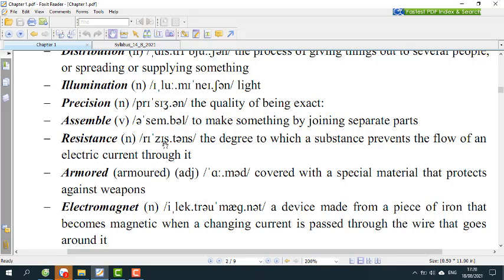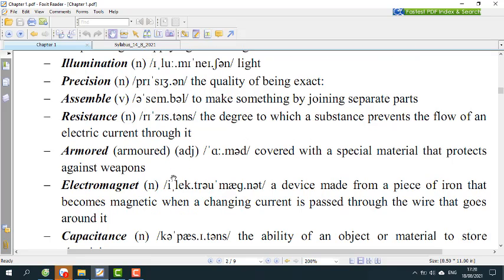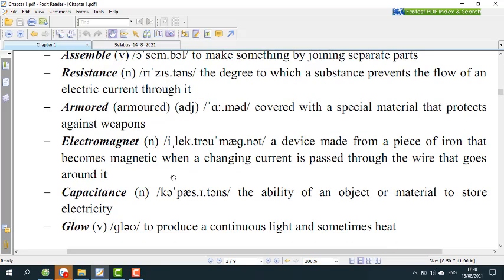Resistance: the degree to which a substance prevents the flow of an electric current through it. Armored: covered with a special material that protects against weapons.